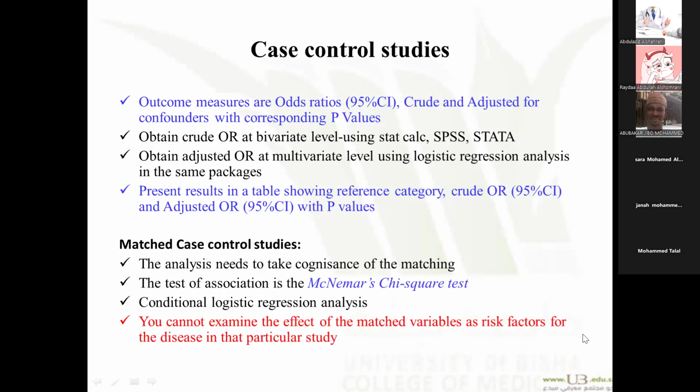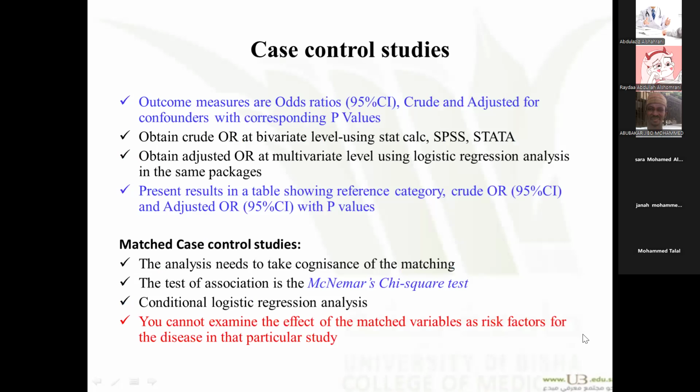Now, that's for case control. If you are studying case control, I encourage you, try and use odds ratios, get the crude and adjusted. If it's a matched case control, the analysis needs to identify that you are matching the cases.